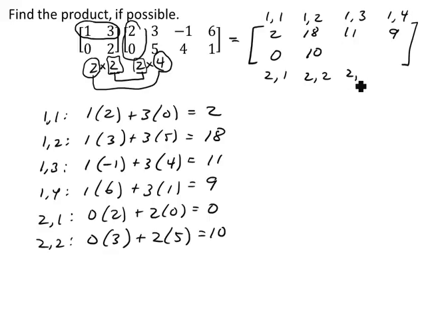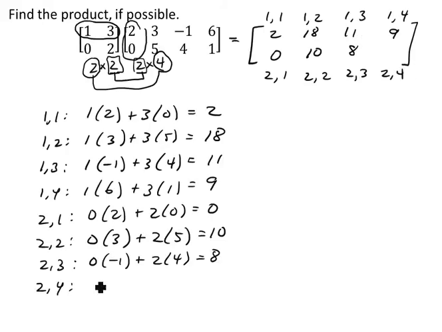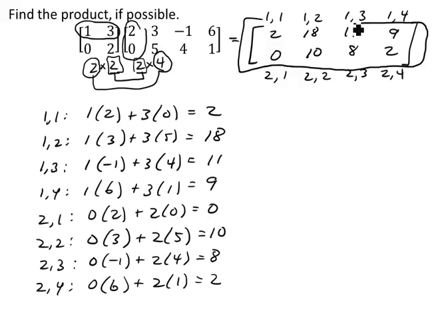And then our second row, third column, we'll get 0 times negative 1 plus 2 times 4, so that's 8. And then our last entry, using the second row and fourth column, gives us 0 times 6 plus 2 times 1. So that's 2. So our product matrix is here, this 2 by 4 matrix.